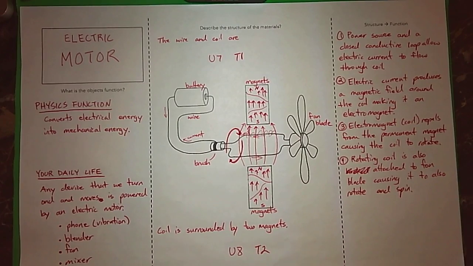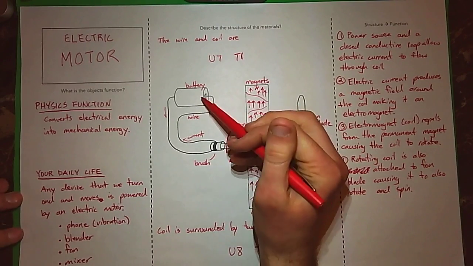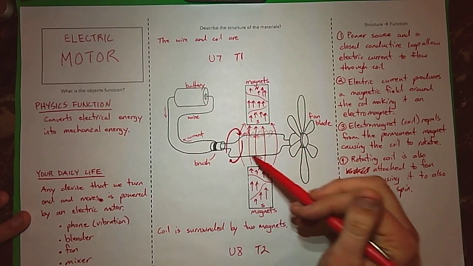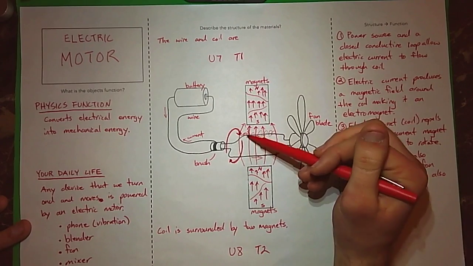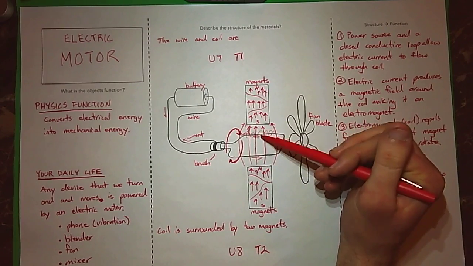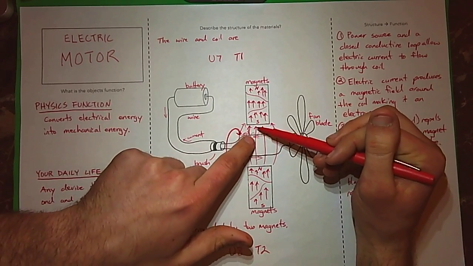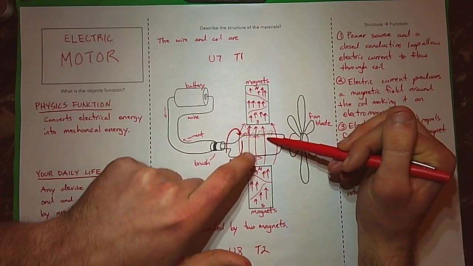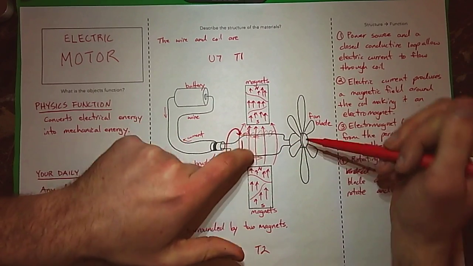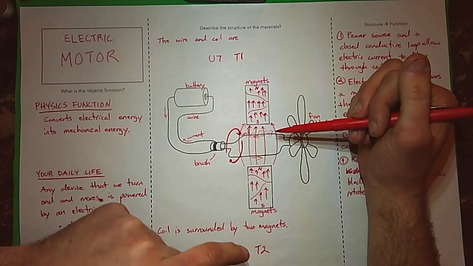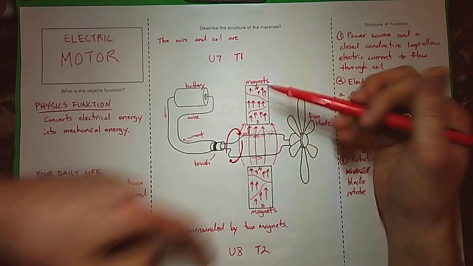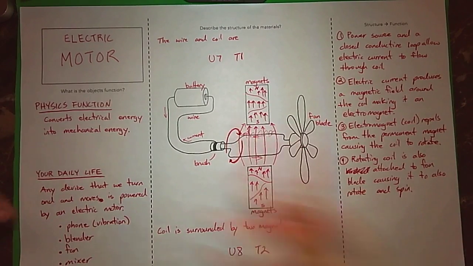So taking a step back at this whole thing, we had current running because we have this closed loop and battery. Whenever we have current running through something, that makes it a magnet, an electromagnet at the time. Since it's already in the presence of a magnetic field, it's going to repel away from the magnet, causing my coil to spin. Right? My coil is attached to the fan, so the fan also spins, and this just continues to happen as long as you have current running through it.